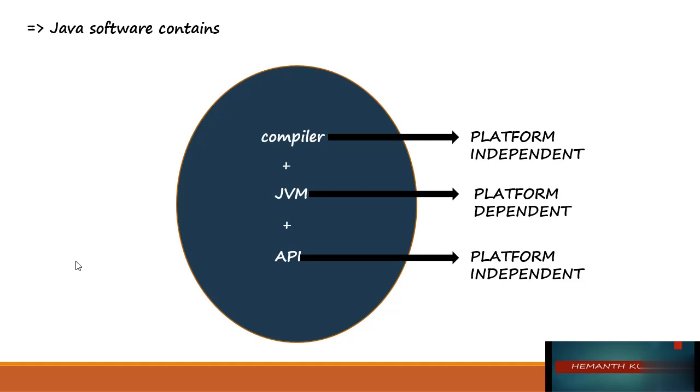JVM is platform dependent because Windows OS will have a separate JVM related to Windows machine language, and Linux operating system will have a Linux related JVM. So different operating systems will have different JVMs. That JVM will execute our bytecode and convert it into machine language which is understandable to that operating system. Our APIs, which are nothing but our predefined classes and modules, are also platform independent.